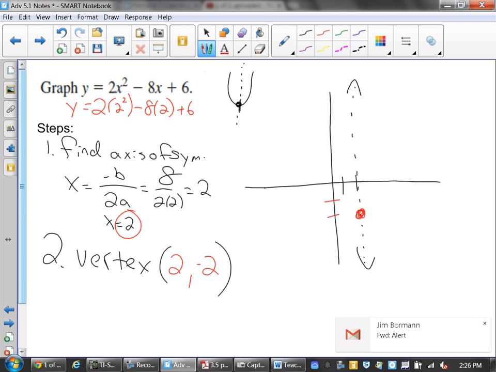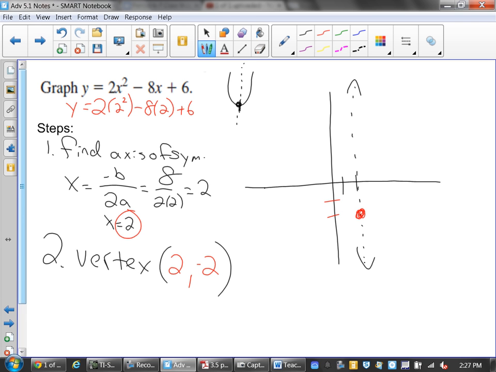They're what you call symmetric twins. So what I'm going to do here is find some value of x that's stupid easy to work with. 0. Because what's 0 squared? 0. Times 2? 0. Minus 8 times 0? 0. Plus 6? 6.